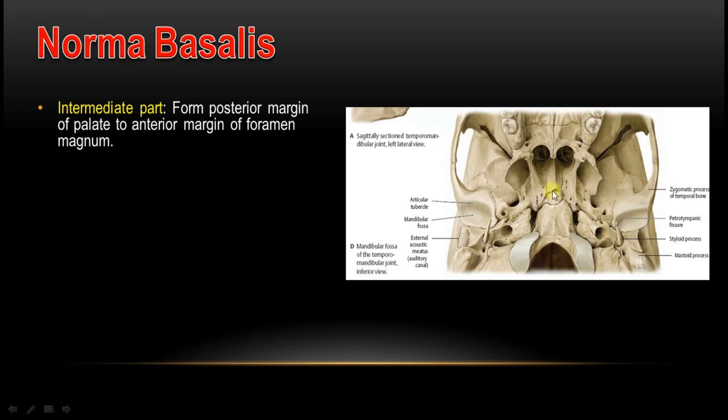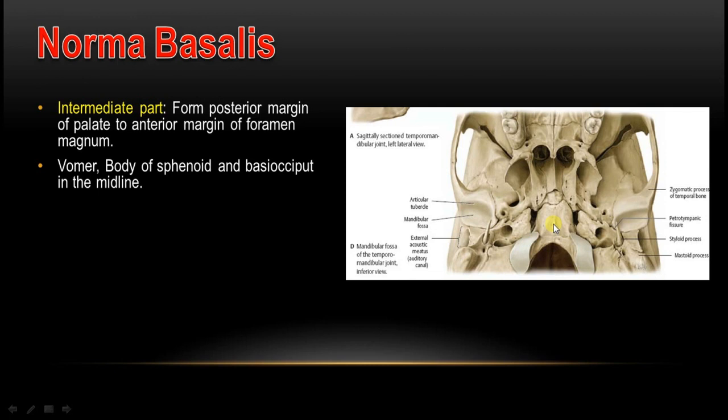In the midline you see the posterior surface of the sphenoid, and anterior to that you see the vomer bone, and the vomer is deflecting on either side, called the ala of the vomer. So you see the vomer, the body of the sphenoid, and the basilar part of the occipital bone, which is called the basi-occiput.